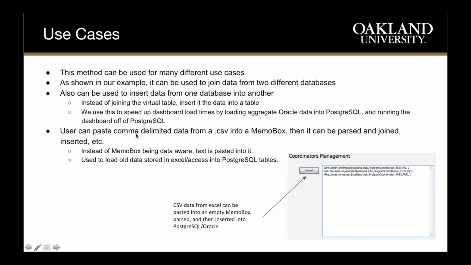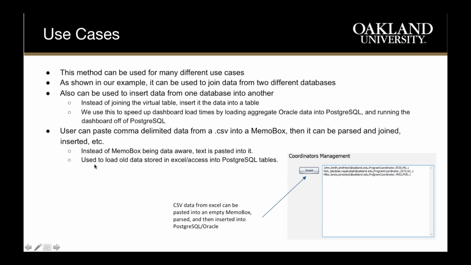Another big use we have for this method is that a user can paste comma delimited data from a CSV file into a memo box. It can be parsed, joined, or inserted, etc. So instead of the memo box being data aware to that Oracle variable, the memo box is just a free text field, and then text can be pasted into it.